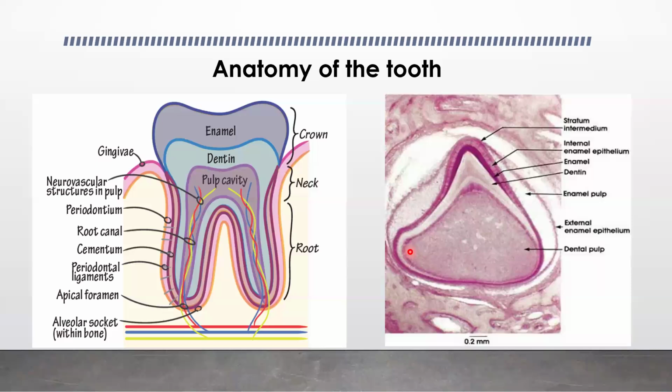Histologically, this is what you can be able to appreciate. We'll have a dental pulp or the pulp cavity inside it. So this dental pulp will be containing the various cells, and it will contain cells that provide nutrition to the teeth at this point.